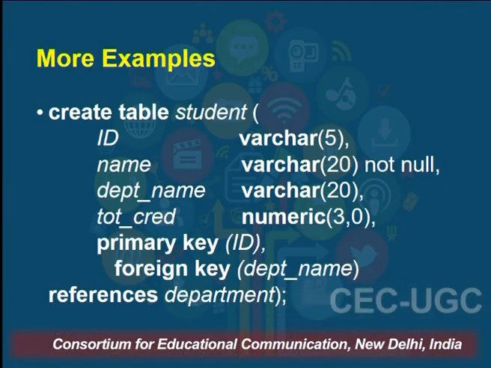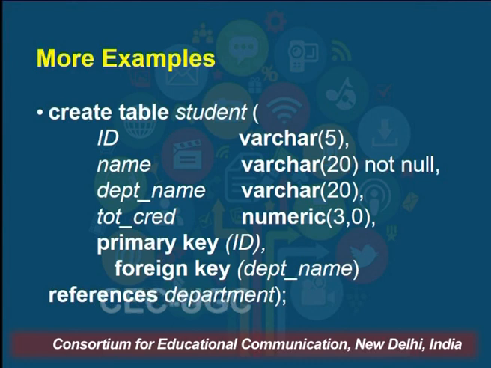For example, we need to create a table student in which there are ID, name, department name, and total credits, and we need to define the student ID as the primary key, and department name as the foreign key. So, here we can write create table student, ID varchar 5, of 5 length as maximum, then we have name varchar 20, and if we want to specify a not null characteristic we will write not null.